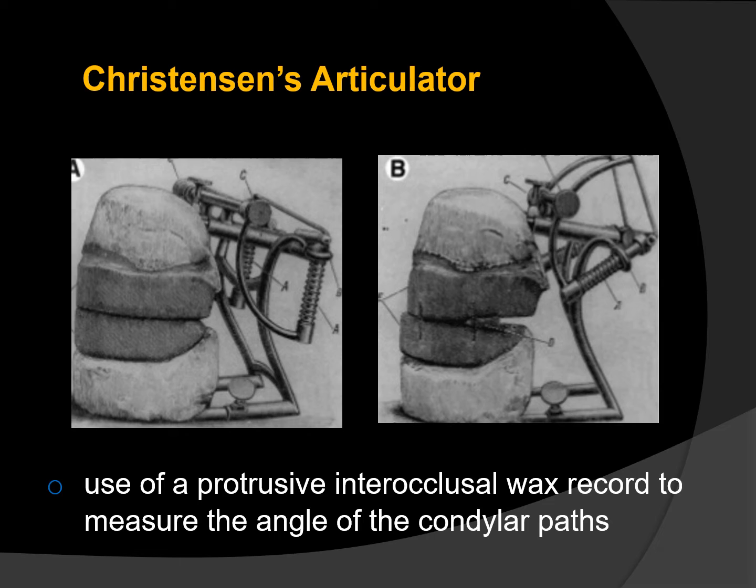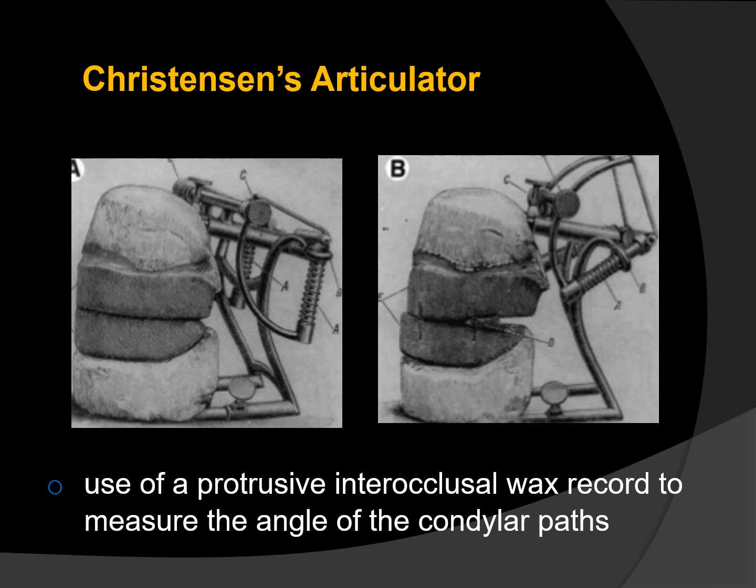Coming to the Christensen's articulator. So we know about the Christensen phenomenon, which is the space that occurs between the upper and the lower occlusal surfaces during mandibular protrusion. This Christensen phenomenon is compensated by the compensating curves. In this Christensen's articulator, he used a protrusive interocclusal wax record which measured the angle of the condyle path, and he believed that this angle of condyle path corresponds to the observed space.